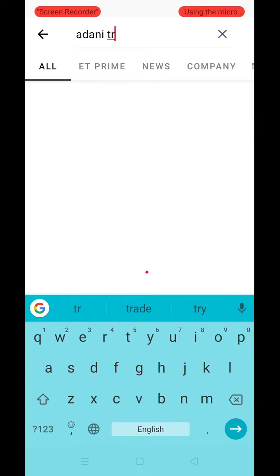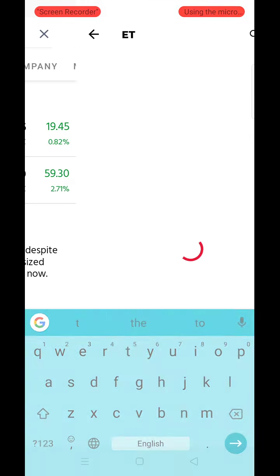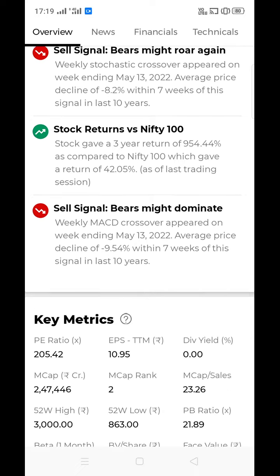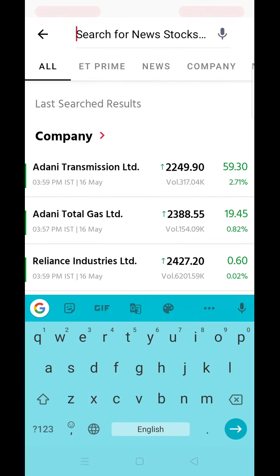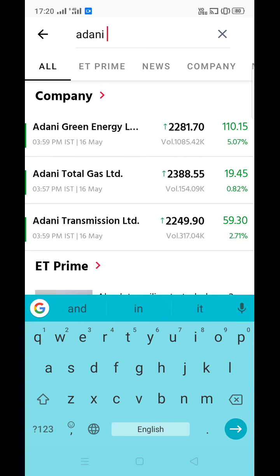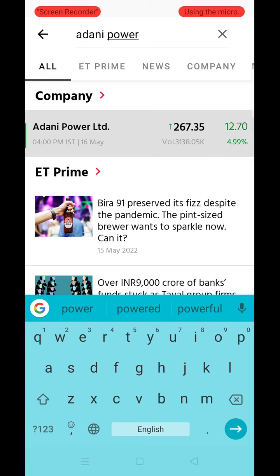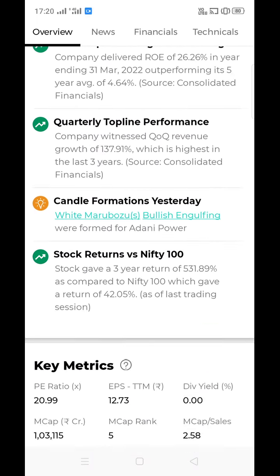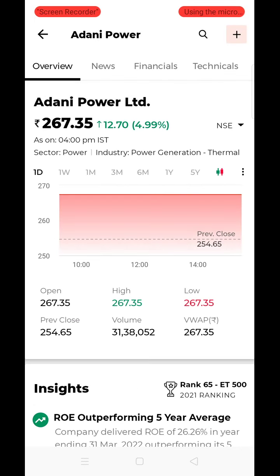That's a stock that I generally liked, but let's look at after creating a lot of wealth, what is the situation? 205. So better stay away from Adani names at these prices. Adani Power, 20. Okay, at least this one is reasonably cheap.